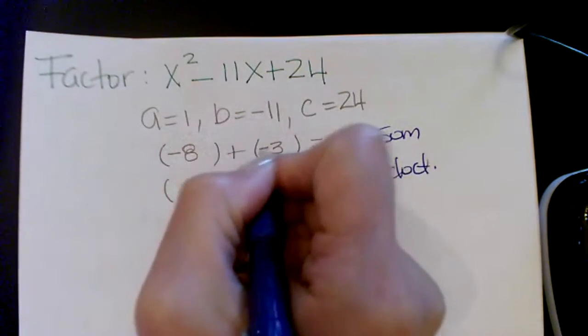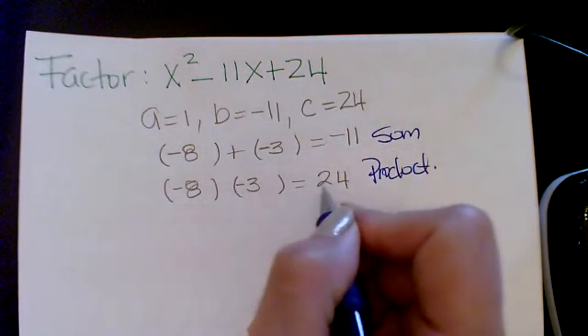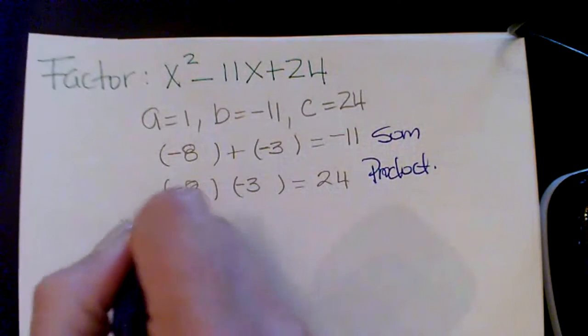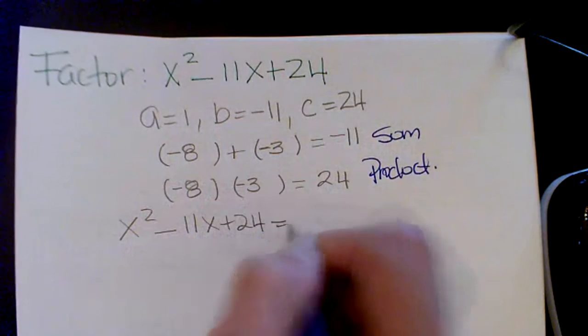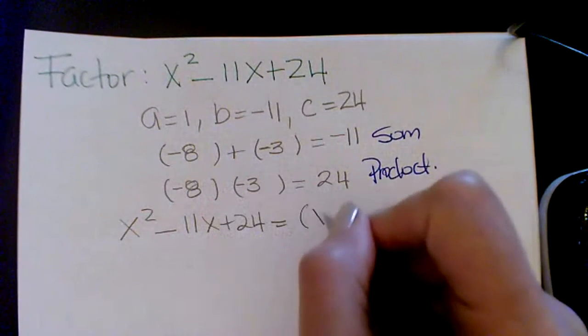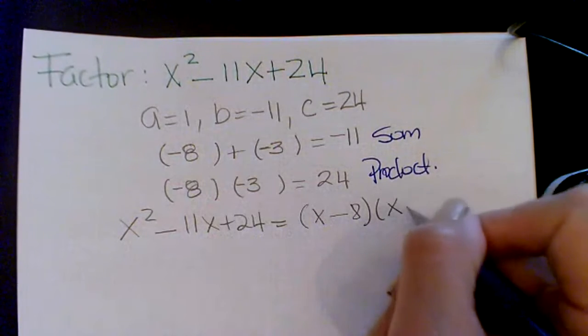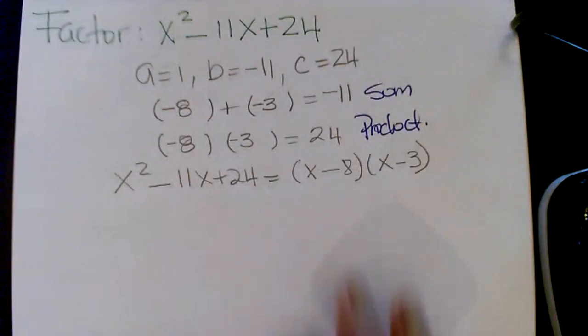If both of them are negative, I get negative 11, and I get positive 24. So when I factor my trinomial, one number is negative 8 and the other is negative 3. If we multiply, we get this.